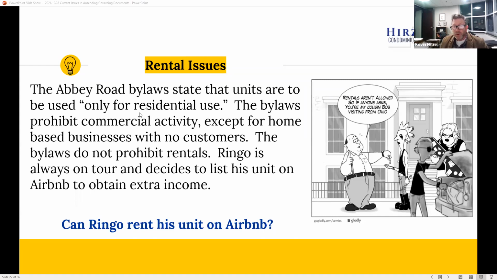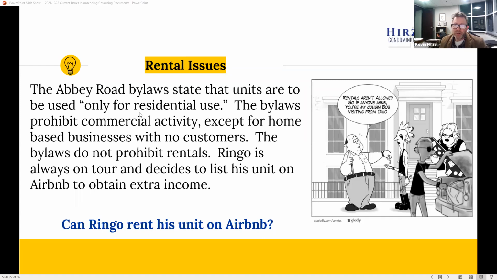Ringo, however, is always on tour and he decides to list his unit on Airbnb to get extra income, although there's no outright prohibition of rentals in this example. So we have a residential use requirement, we have a commercial activity prohibition, and there's no prohibition of rentals. Under these facts, is Ringo able to rent his unit on Airbnb?